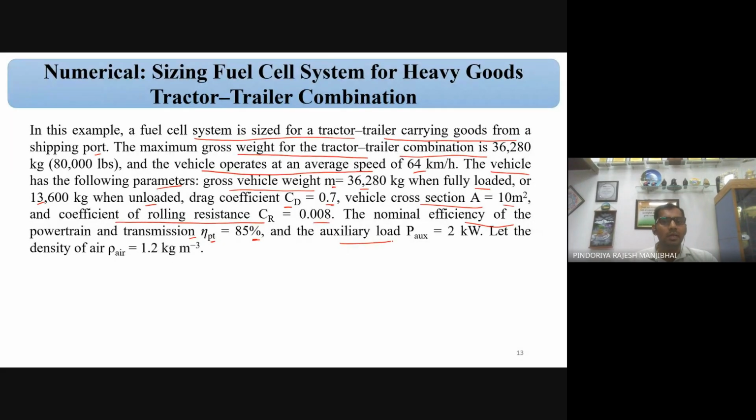Auxiliary load P is equal to 2 kilowatt. Let the density of air be 1.2 kilogram per meter cube. So these are the parameters.